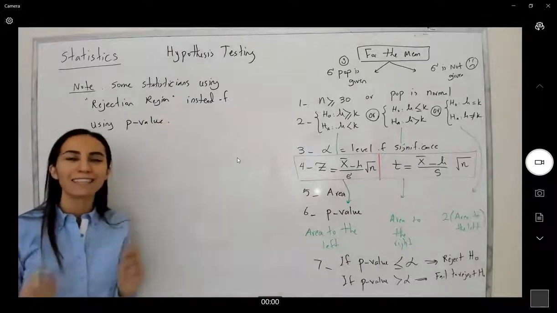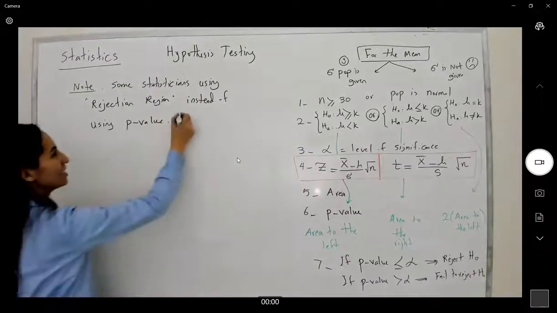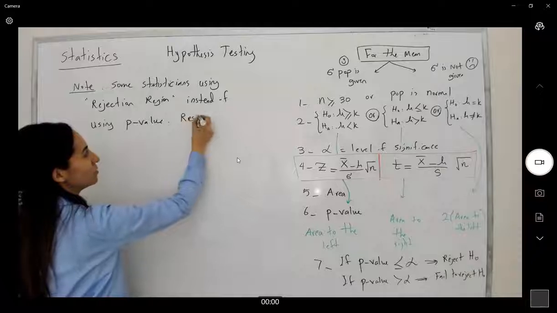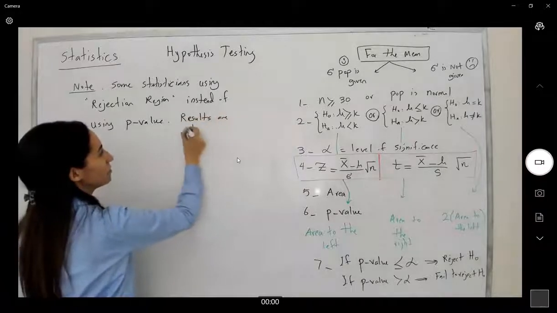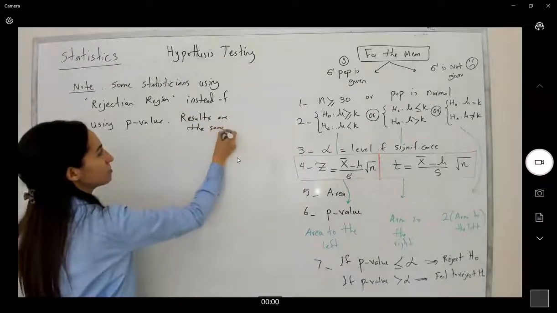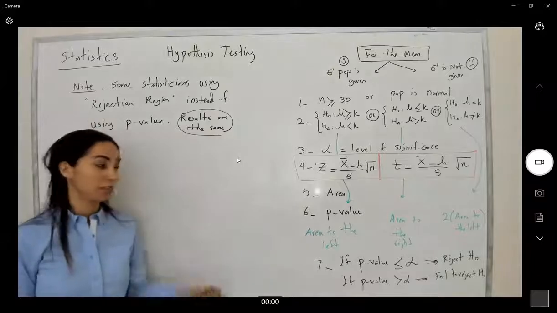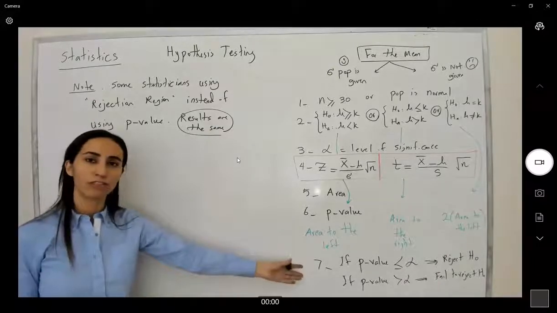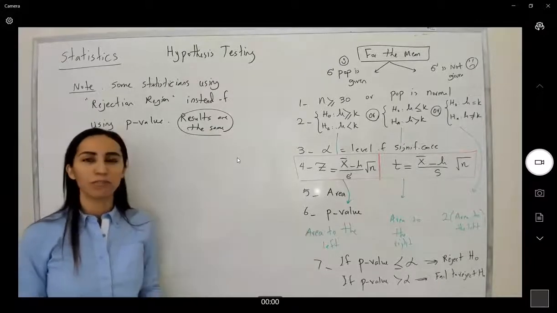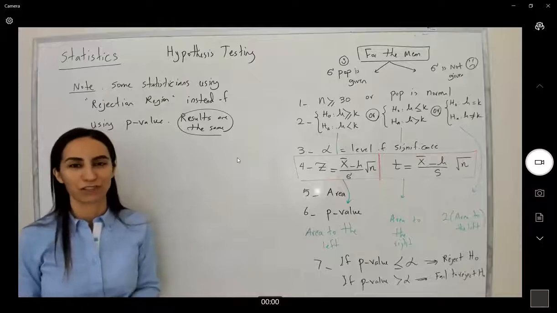Results are exactly the same. There is no difference by rejecting a null hypothesis using a p-value or using a rejection region.